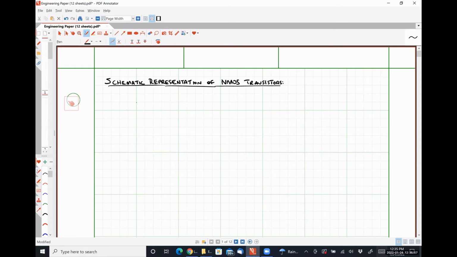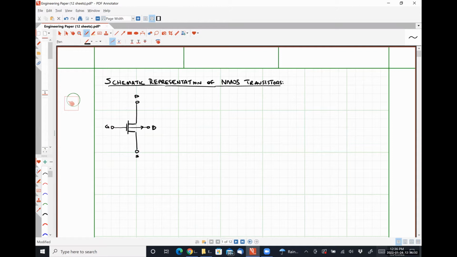And typically speaking, the drain terminal is at the highest potential. We're going to put our gate terminal over here. We're going to put our source terminal down here. And this guy in the middle will be our body terminal, okay?